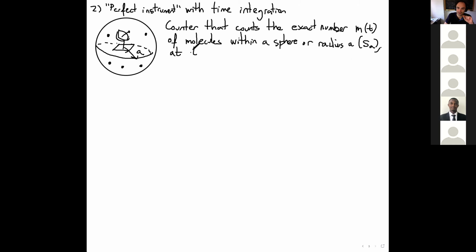So M(t) here is the number of molecules at time t in a sphere.